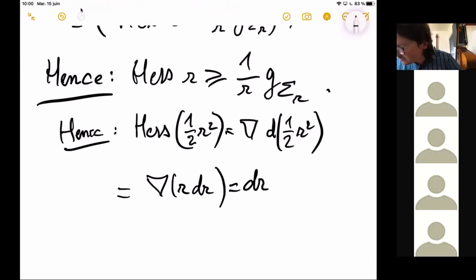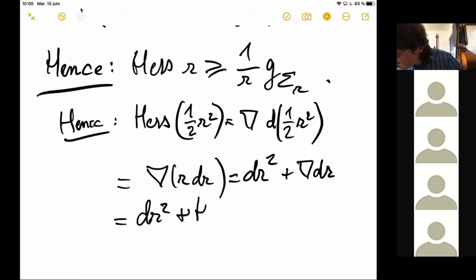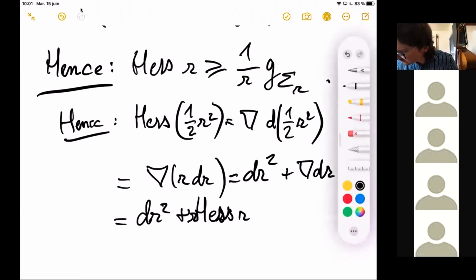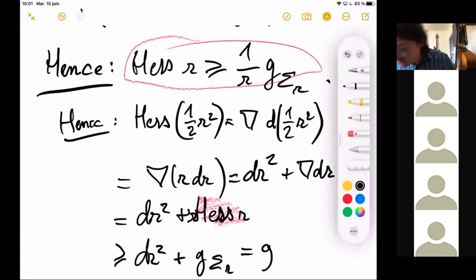The covariant derivative of the R function is dR. So we get dR tensor dR, and then we get R times Hessian R, sorry. And since Hessian R is bigger than that, here we plug that in. And so this is bigger than dR squared plus g sigma R, which is exactly g.